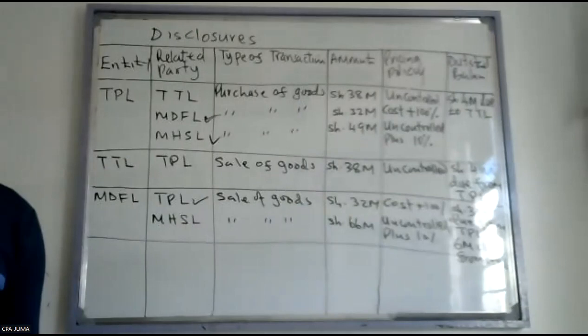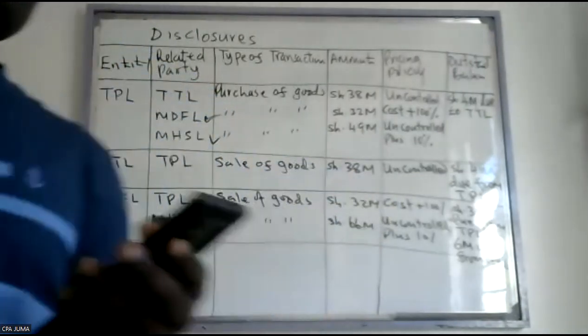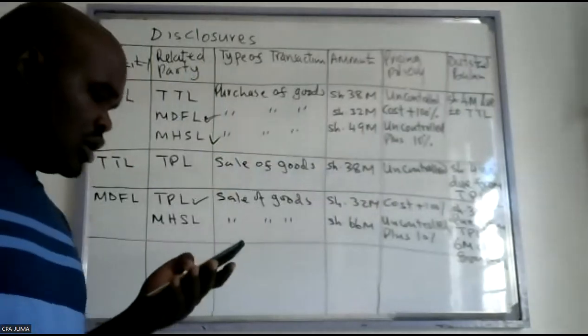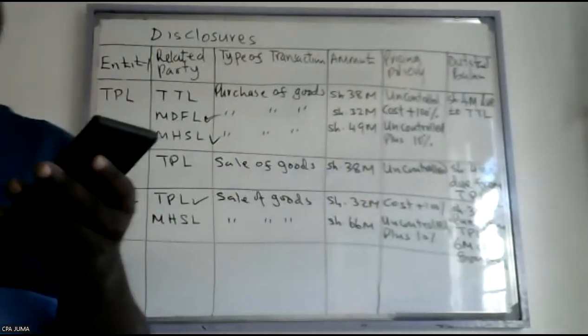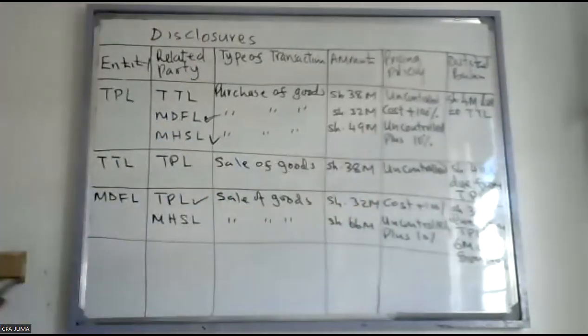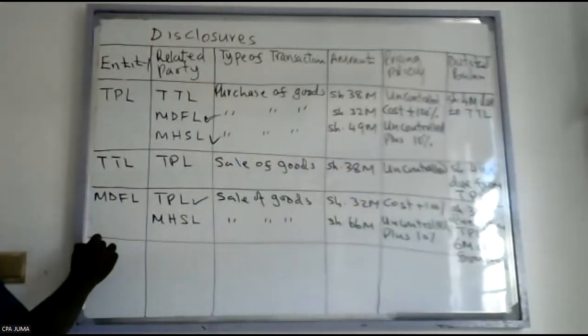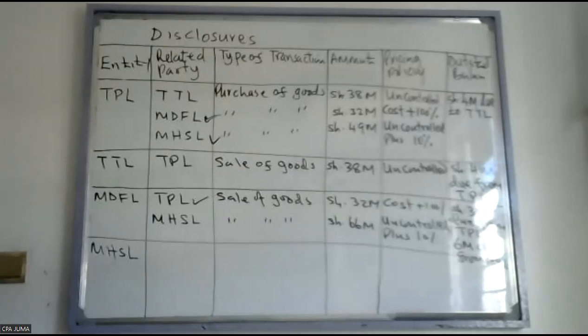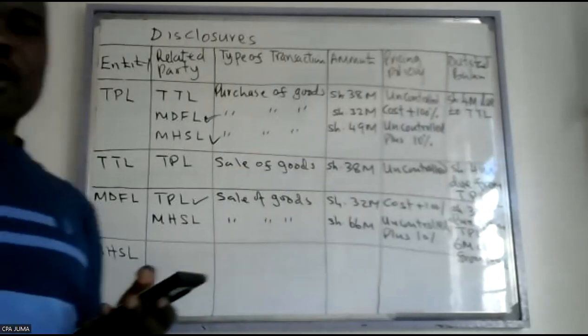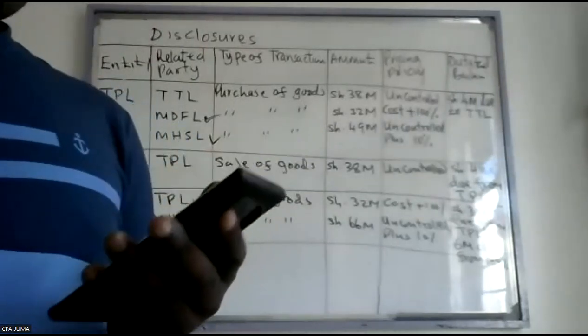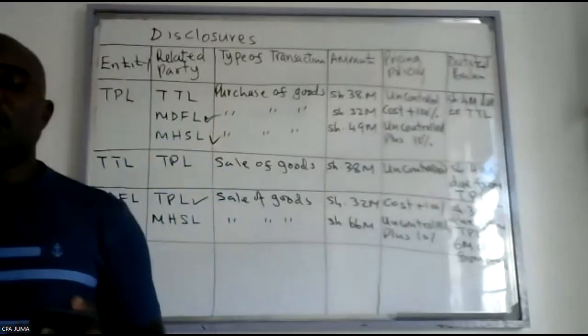We are on the last one. Time is also not with us, but we're on the last one. They want us to disclose for MHSL. Can you tell me the ones we're supposed to disclose? Quickly, let's finish this. MHSL, somebody?